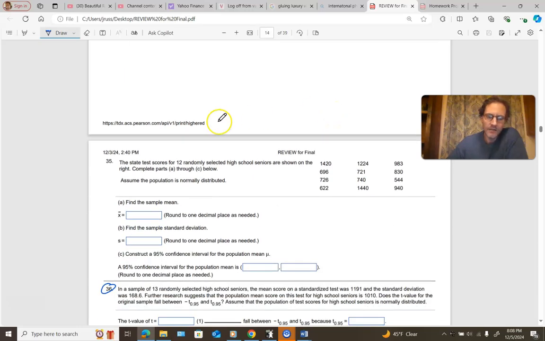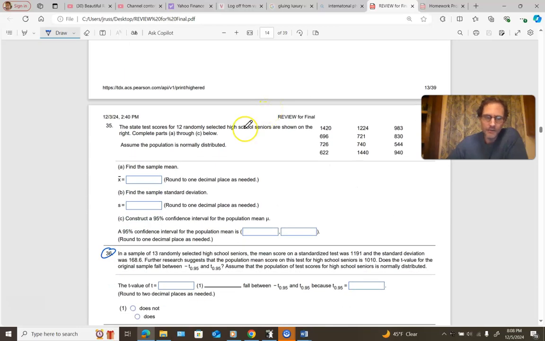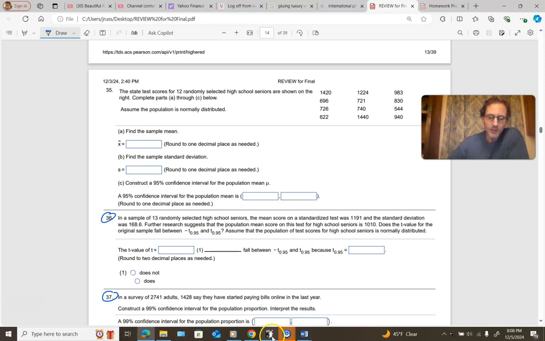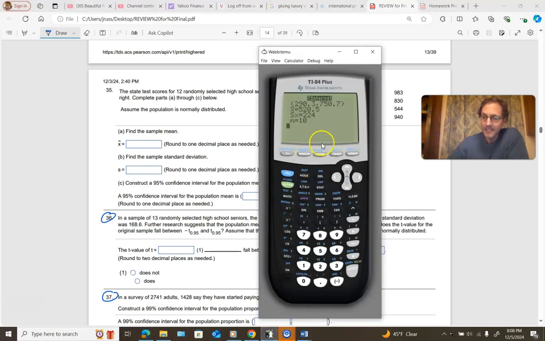All right, 35 is exactly the same. The only difference is you need to find the mean and the standard deviation first, and then construct your, in this case, 95% confidence interval. So let me give you a tip. I did this in the lecture on 6.2.